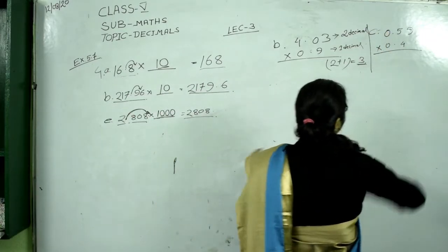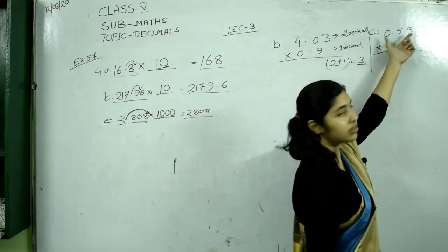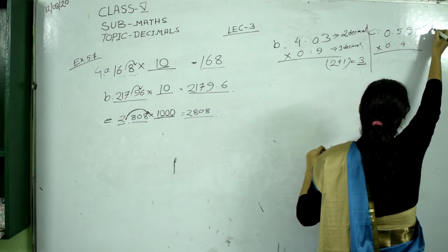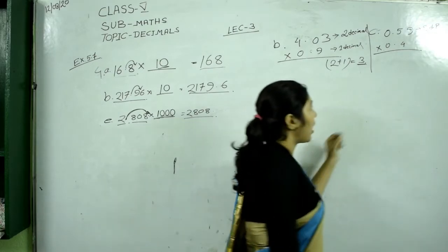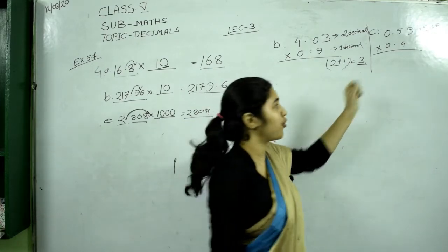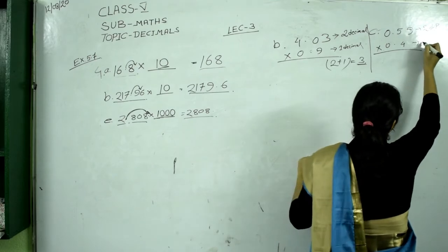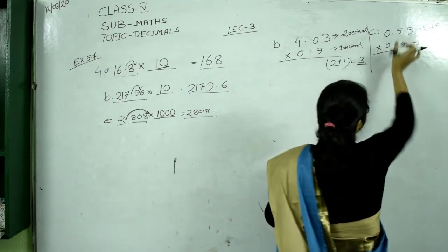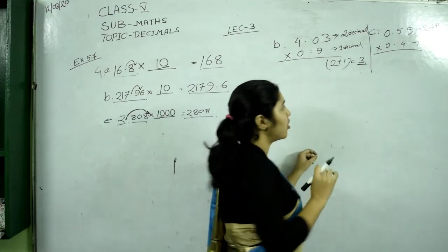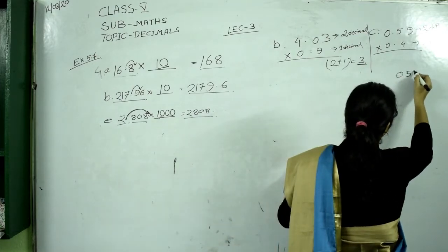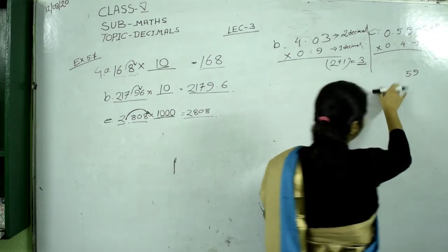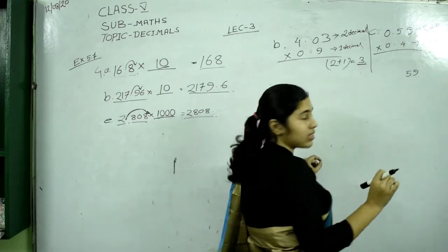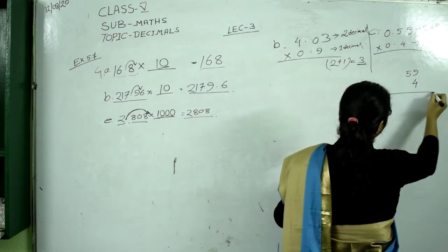Consider the next problem. Again here, the first number has 2 decimal places. Okay? And the second number 0.4 has 1 decimal place. Now consider 059 as the whole number, which is only 59, and 0.4 as 04, which means only 4.